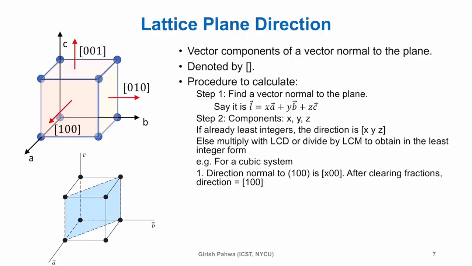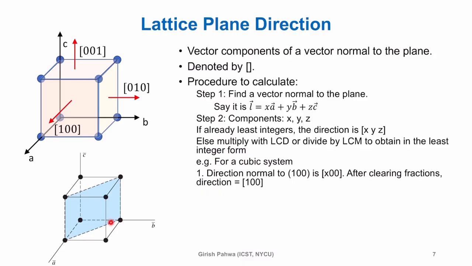For the second example, let's take a different one, a plane like this. What will be a vector which is normal to this? Something like this in this direction, which is perpendicular to this. How do I represent that? It does not have a C component, it has A and B components.